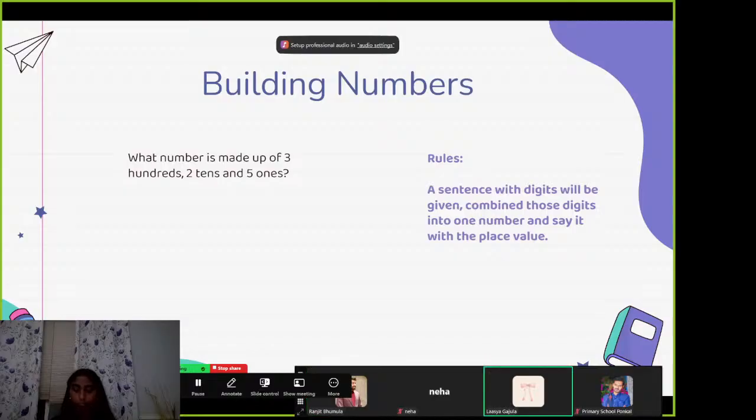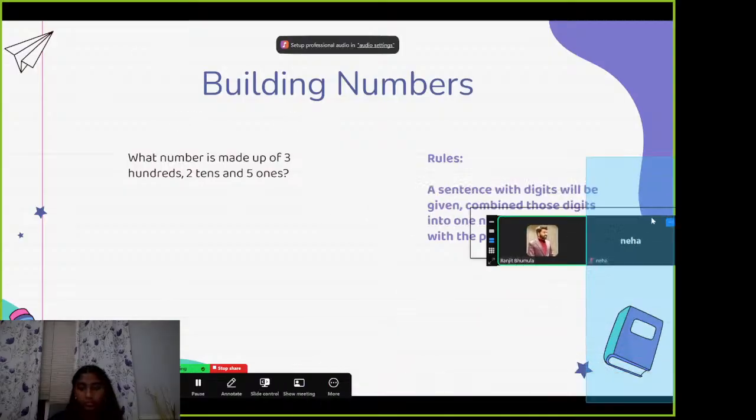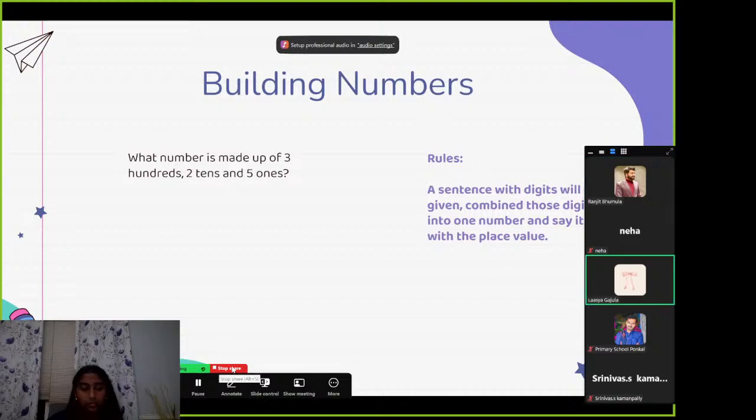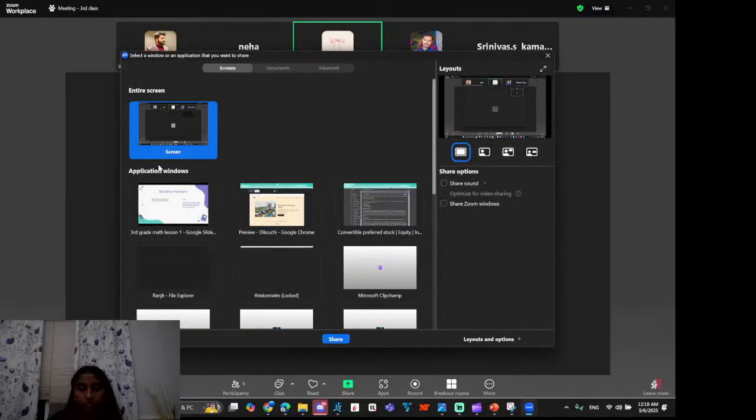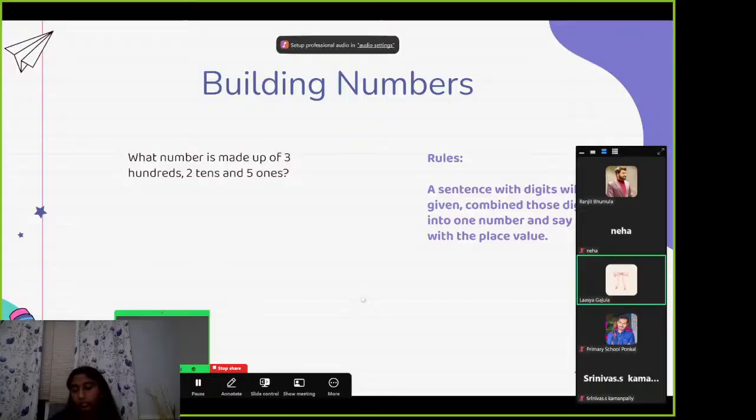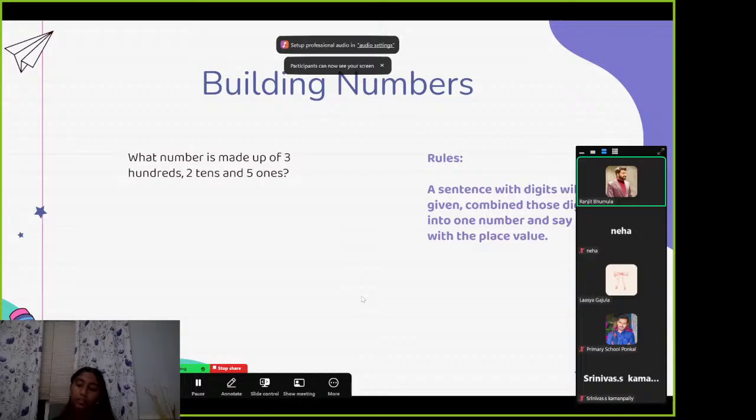Uncle, the screen is not being shared. The slideshow? Yeah. Really? One second. Does anyone want to answer? Can you see now? Yes. Now we can see. Okay.